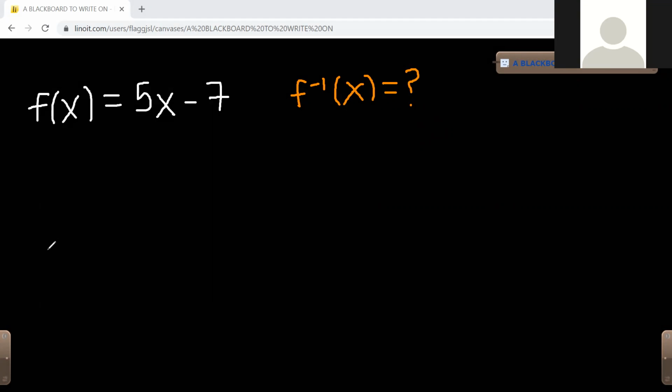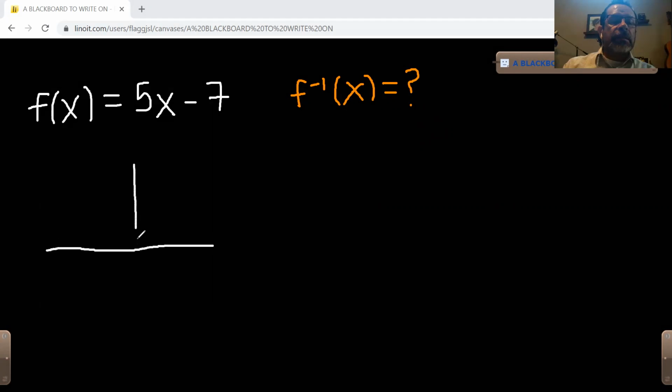You need to graph it and check with the horizontal line test. Yes, Andrea, perfect. And what that means is that I need to verify that it is a one-to-one function.